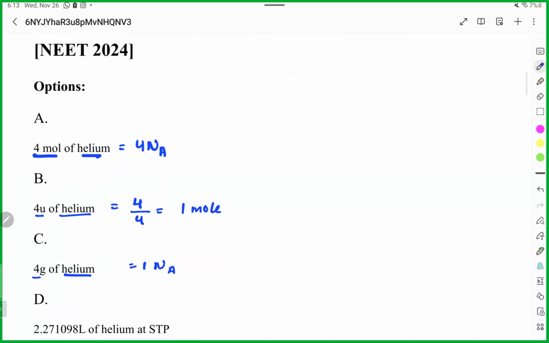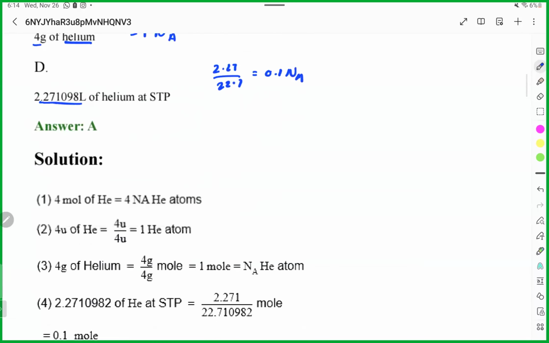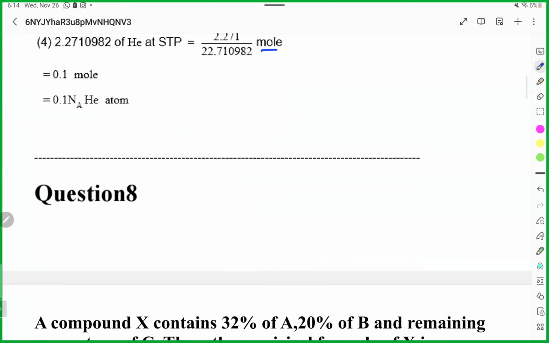Next, this 2.27 liter is very less. 2.27 divided by 22.7, it's very less, 0.1 mole. Where will you get the maximum number of moles? A, right? Because there you have the maximum number of moles, 4 moles. Understood, guys? Here you have 1 mole, 1 mole, and this number of moles is very less.